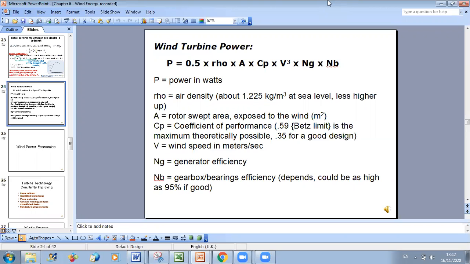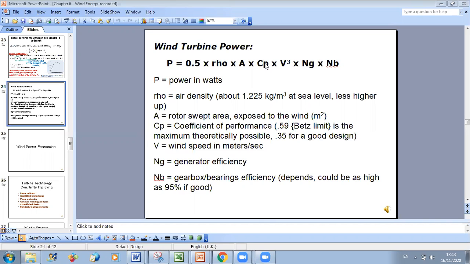To design for it, this will depend on the geometry. So we play with the geometry of the blades, and we do experimental work on it to see which geometry will give the maximum coefficient of performance.